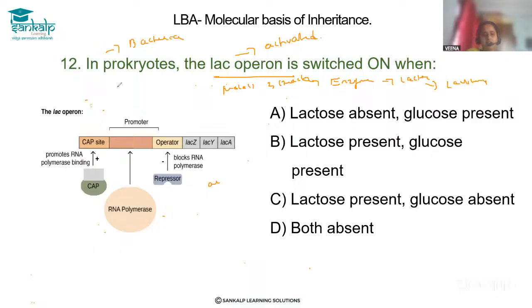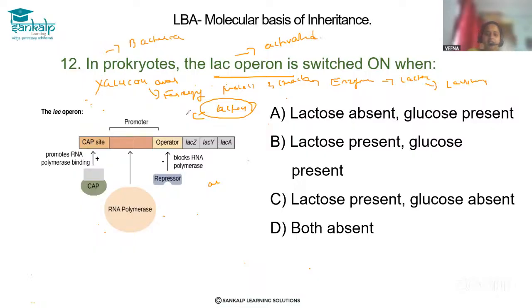So in bacteria, if glucose is available, the bacteria are directly absorbing glucose for energy. Okay, so if glucose is not available, in that case, whatever lactose is present in the surroundings, they will start absorbing the lactose.